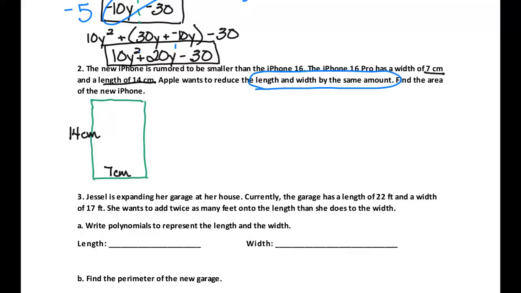Do they tell us what that amount is? No, but it's the same, right? How could I represent the amount we're going to make it shorter? How can I represent that? Okay, we are going to subtract it, but how much am I subtracting?